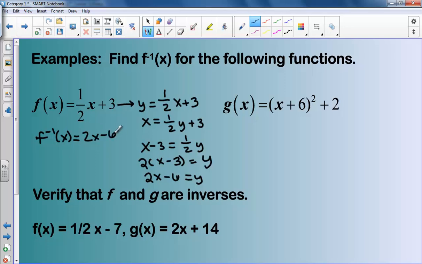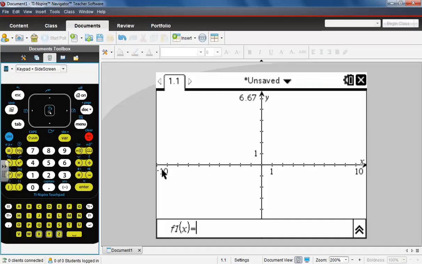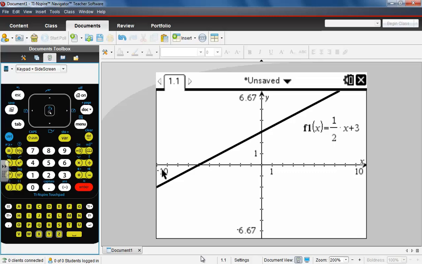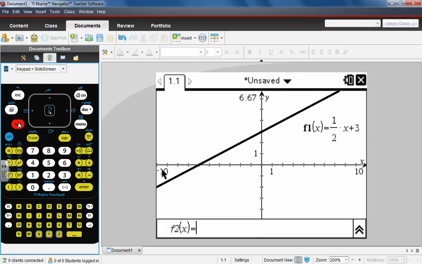And then we can also check that on our calculator. So let's go to our calculators. We're going to graph 1/2 x plus 3, and we're going to graph 2x minus 6.